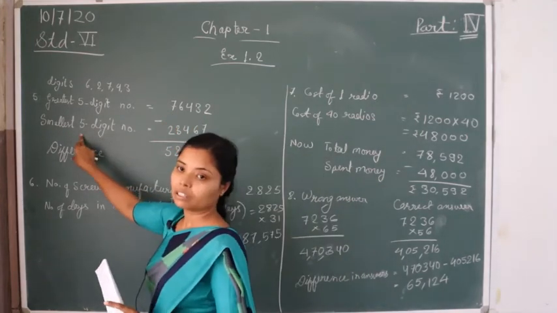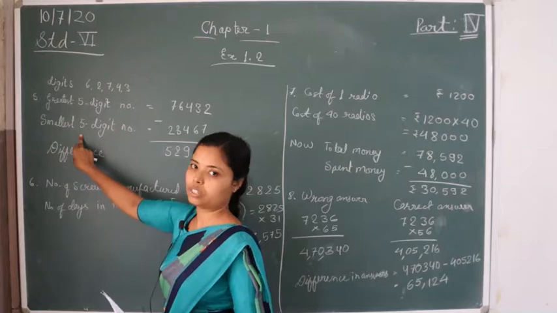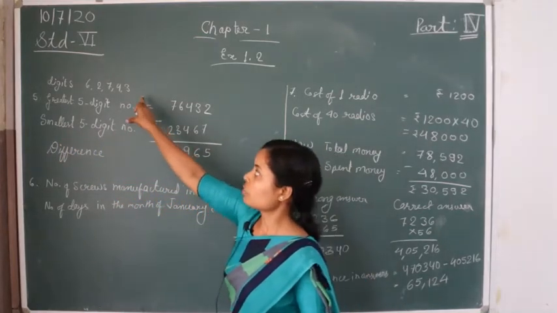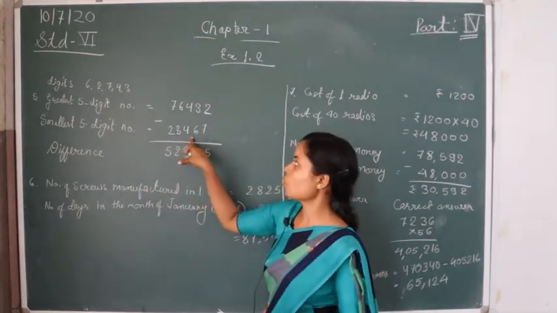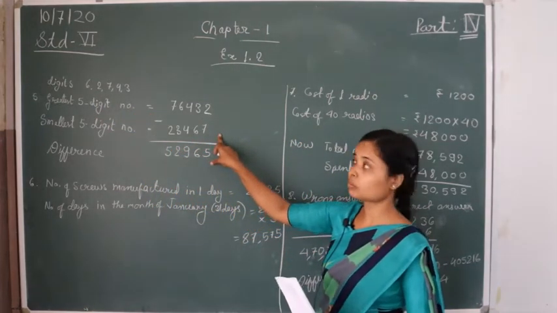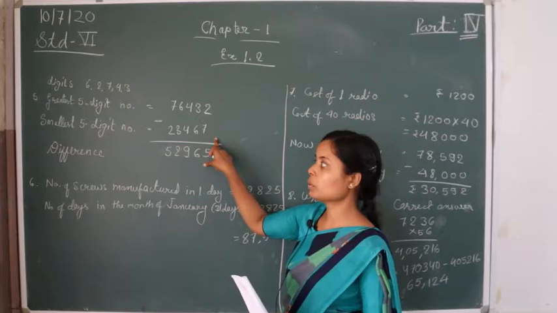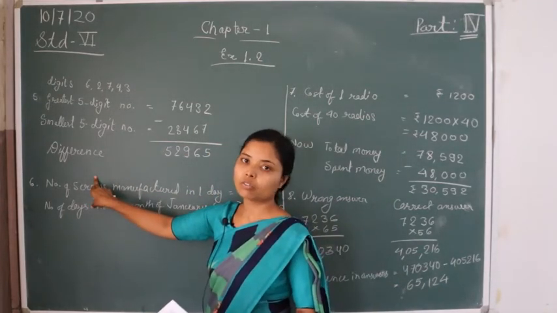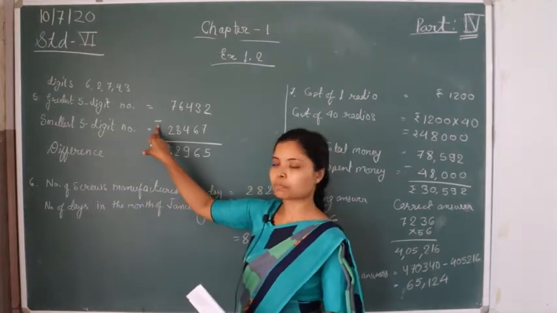Similarly, the least number means the smallest number. So the smallest 5-digit number is 2, 3, 4, 6 and 7. Okay, so we have both numbers and we need to find the difference. For finding the difference, we subtract both.